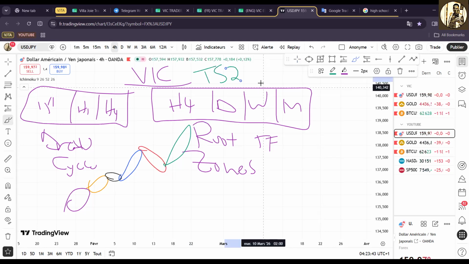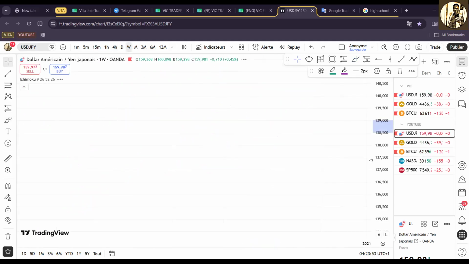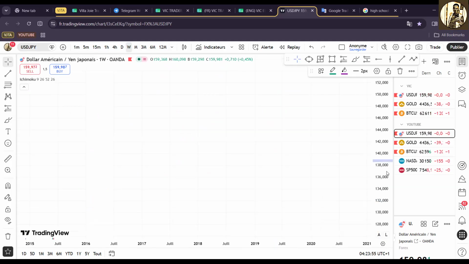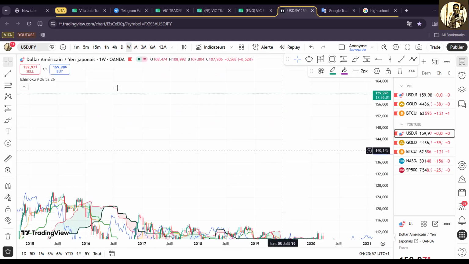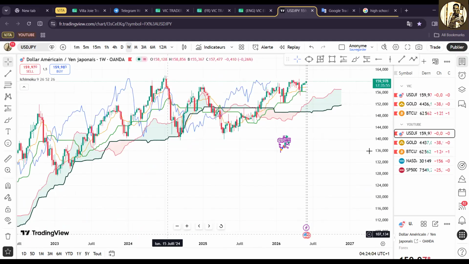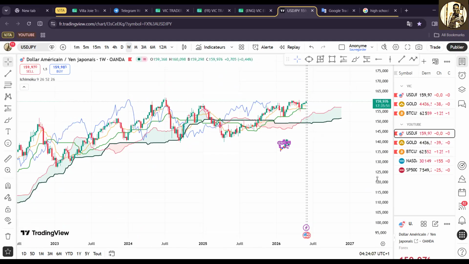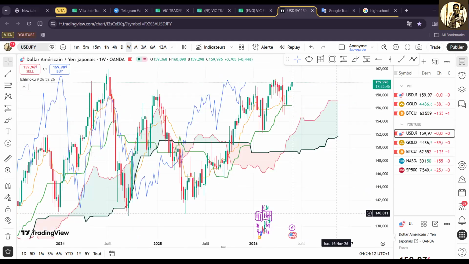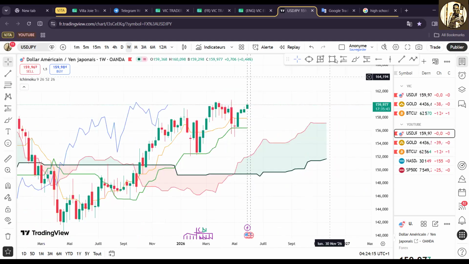If you take a setup on weekly, like you take the zone on weekly, let's say for example, we take this zone.